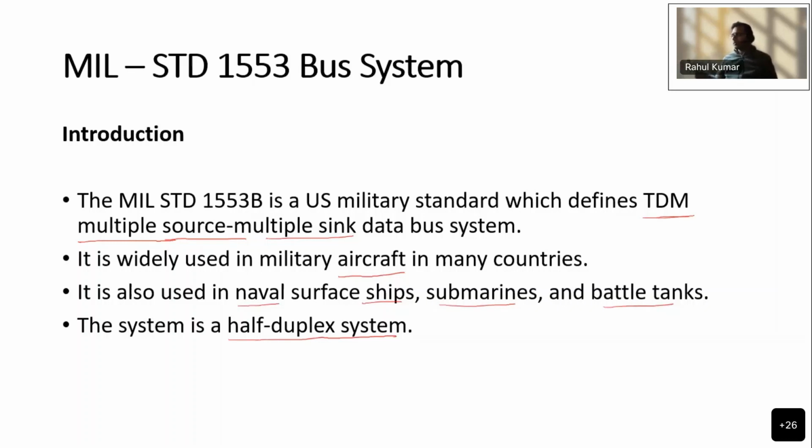Most of the police and other people use walkie-talkies. So in a walkie-talkie, you can either transmit or receive at a particular time. Okay, so this military standard 1553 bus system is a half duplex system.